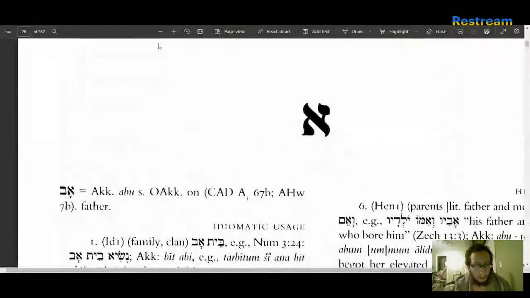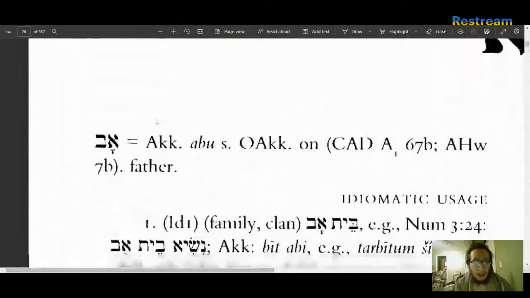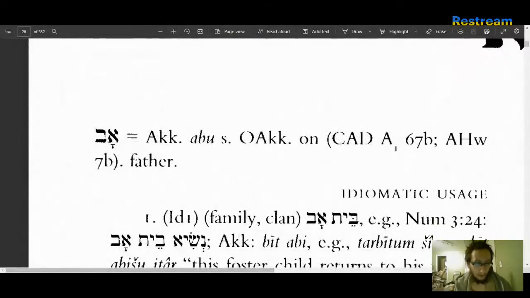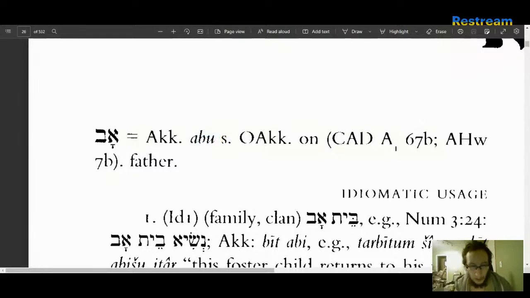Okay, so this first word here corresponds to the Hebrew. It lists it as the Hebrew word ab, Akkadian abu. The u is just a word ending. So the real word is ab, not u. So you can ignore u. Okay, ab.